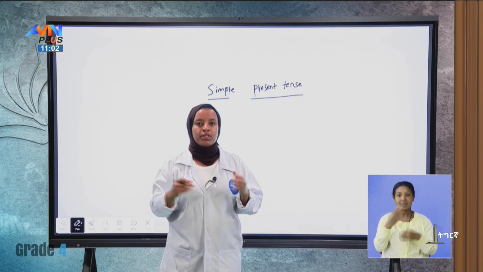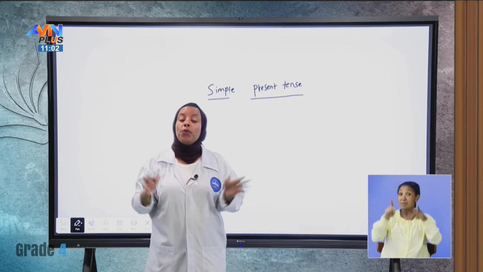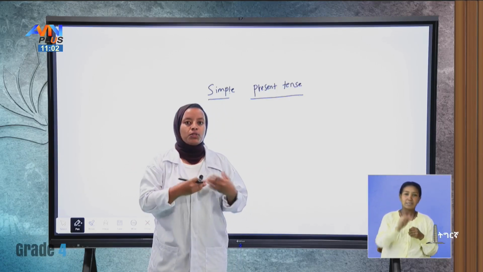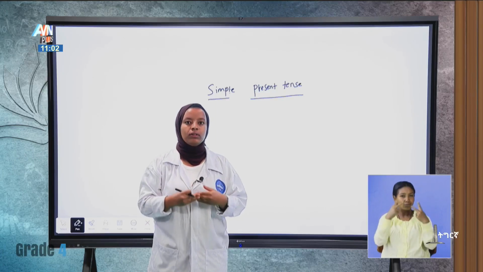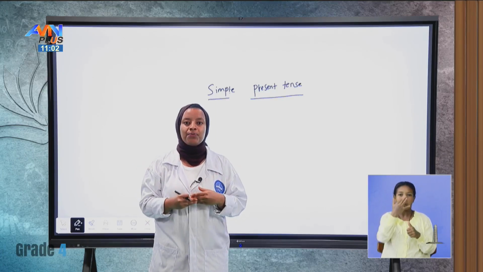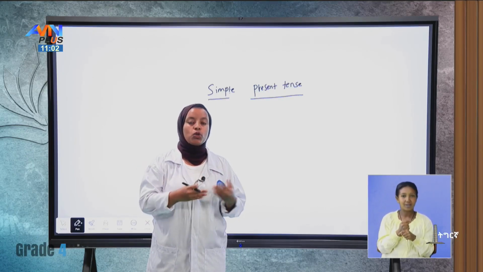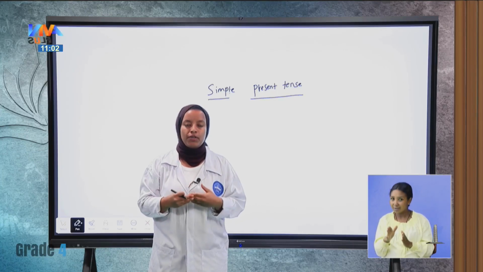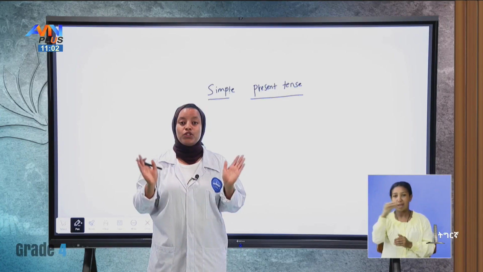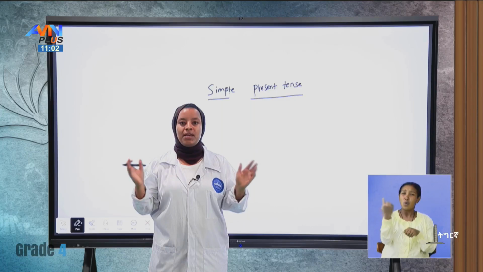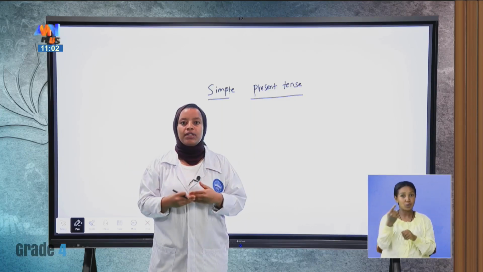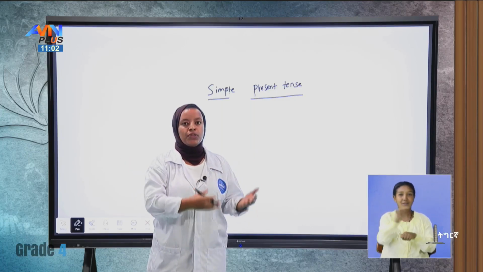Let us start. When we come to simple present tense, we can use it for three specific things. For example, habitual action, and also facts, which are called general facts, and truths that are always the same. We can use simple present tense to make such kinds of sentences.